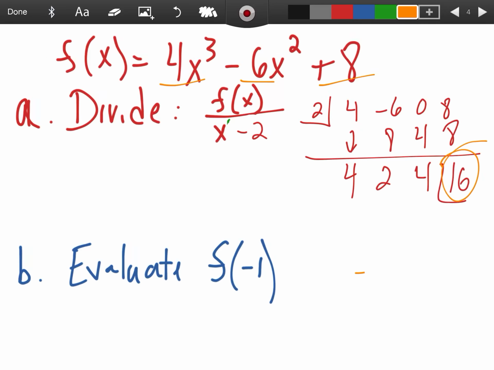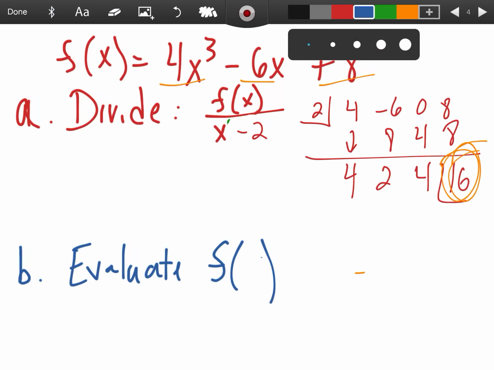Again, this value of 16 is going to be the same as if I did f of 2. I want to do f of 2 because when you're dividing by x minus k, the remainder is the same as if you evaluated f of k.